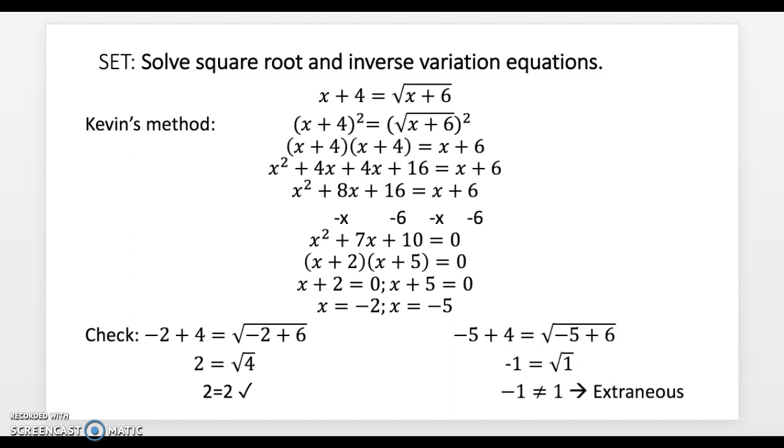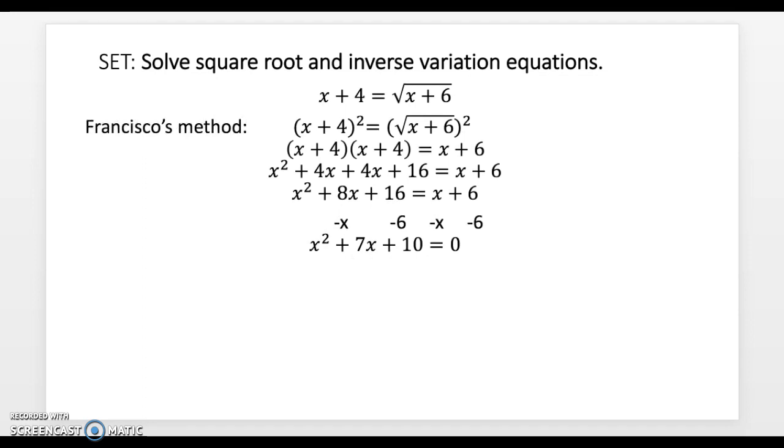And we plug in negative 5 and find that negative 1 is equal to the square root of 1, and that is not a solution because negative 1 is not equal to positive 1. So that's extraneous, which is why in Jasmine's method, they only found one solution of x equals negative 2, because Kevin's second solution is extraneous.